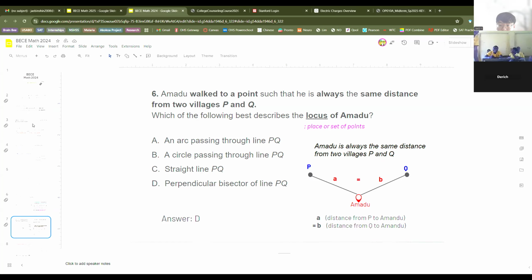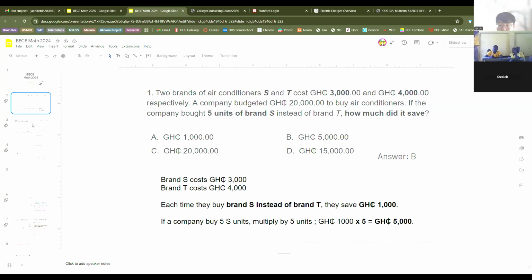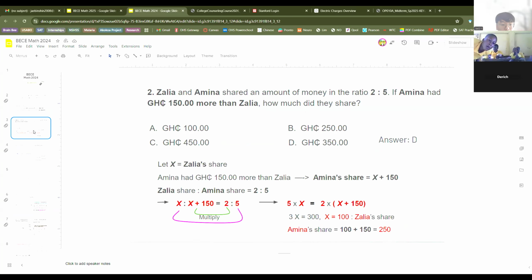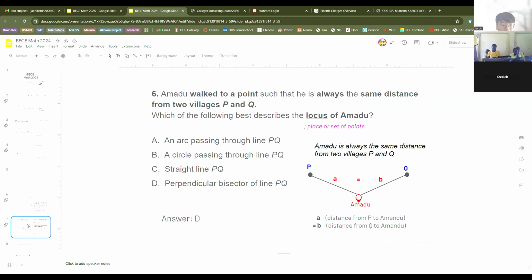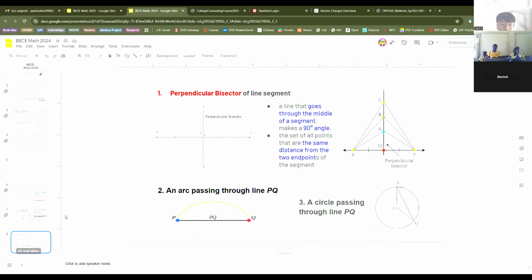This one or which one? The Adamu question. Yes. This one? Or you mean this one?